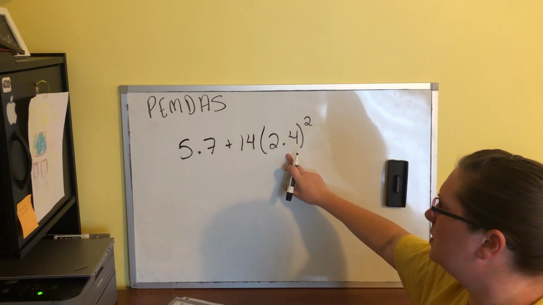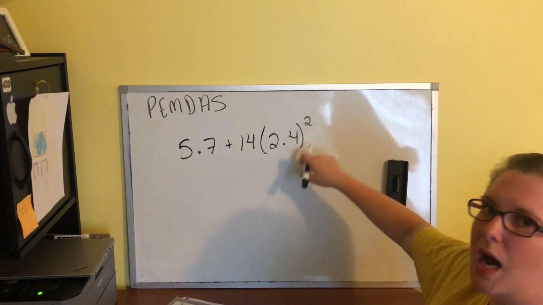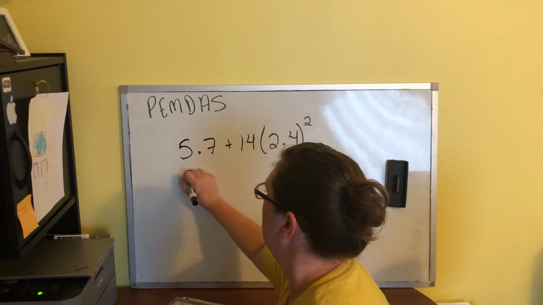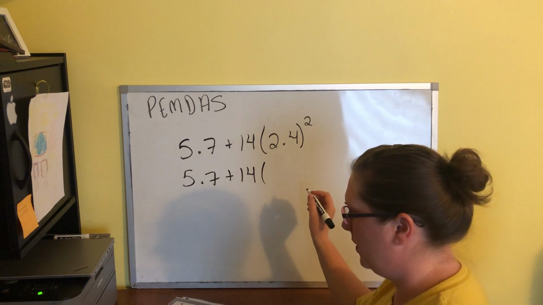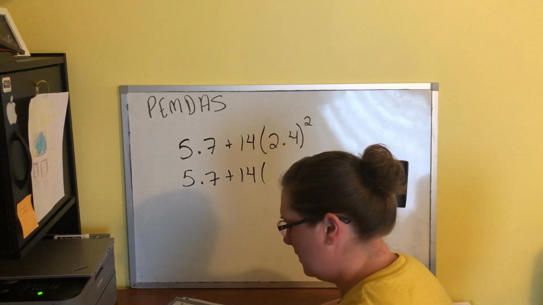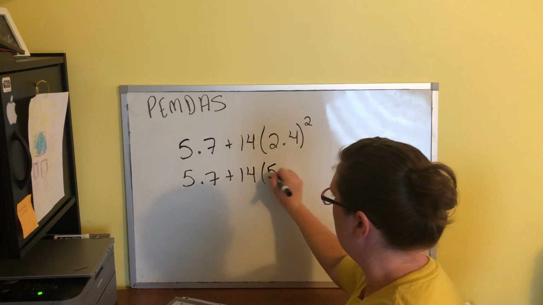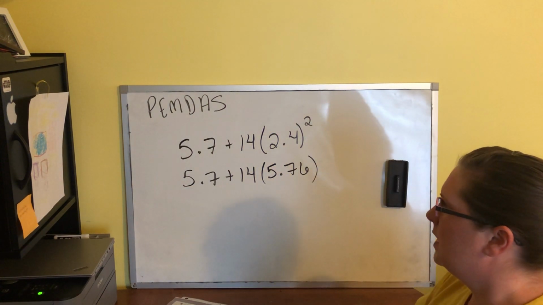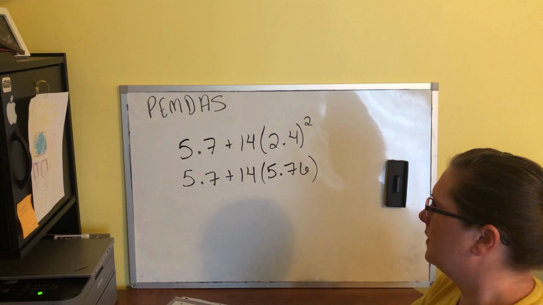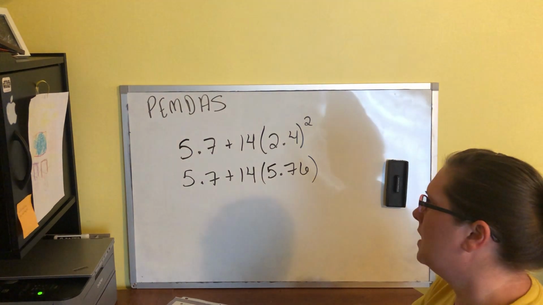This parenthesis was letting us know there's an exponent of 2. Okay, so now you need to do 2.4 times 2.4, recopy everything else. So 2.4 times 2.4 is 5.76. Okay, now order of operations. I've done parentheses, exponents, multiplication or division.